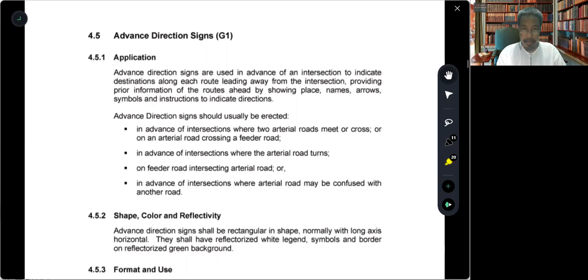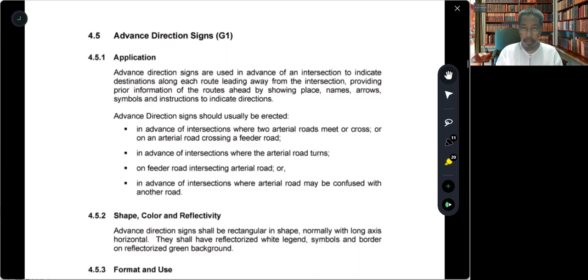where the arterial road turns. On feeder road intersecting arterial road. Okay? Where two arterial roads meet or cross, or on arterial road crossing. So there are different types of roads. Probably national road, regional road, provincial road, municipal road, and then barangay roads.